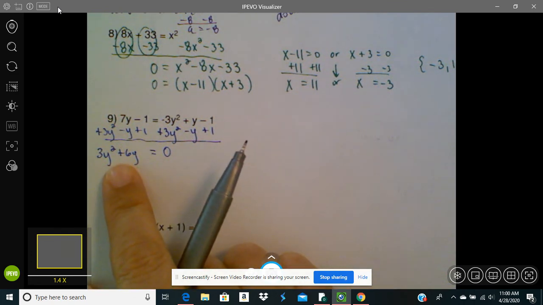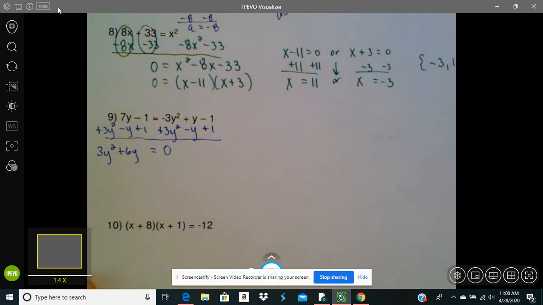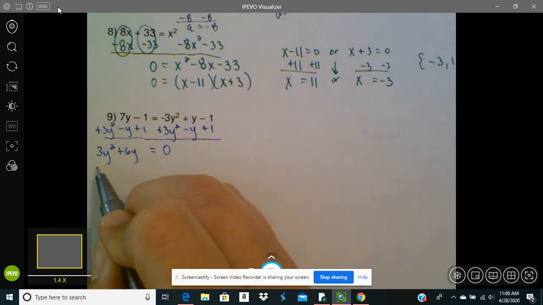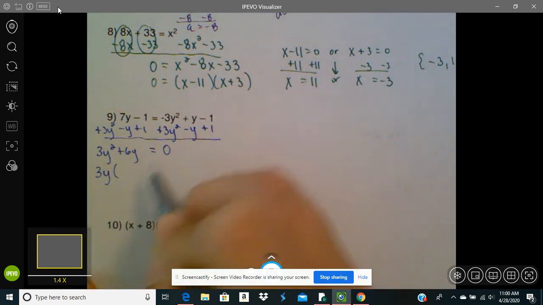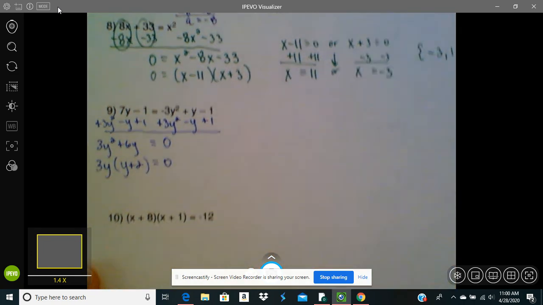So factoring, I have two terms. There's nothing there. Or there's no difference of squares. What's my first recommendation every time? Greatest common factor. The greatest common factor here is 3y. When I divide it out, I'm left with y plus 2.